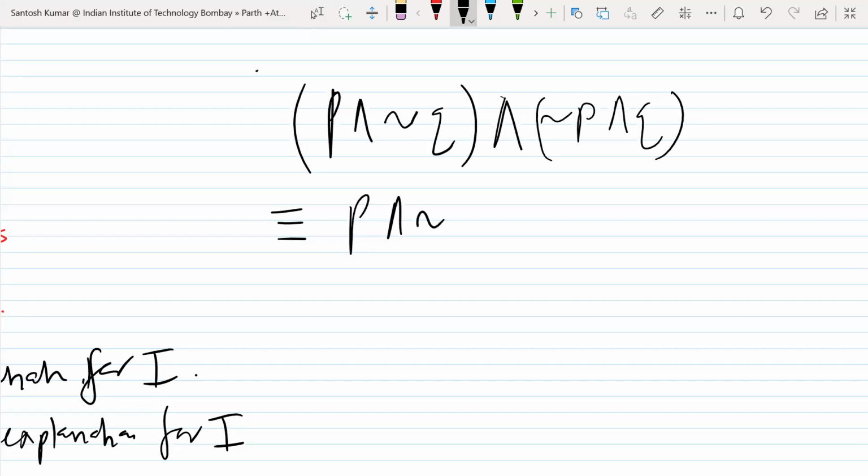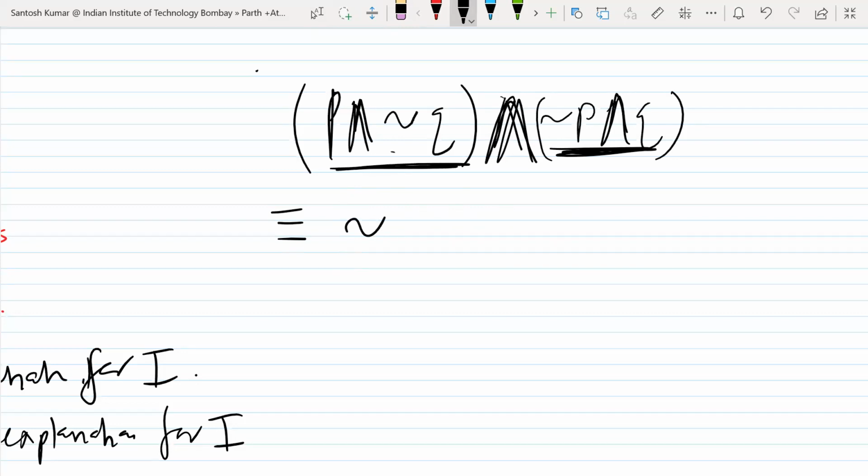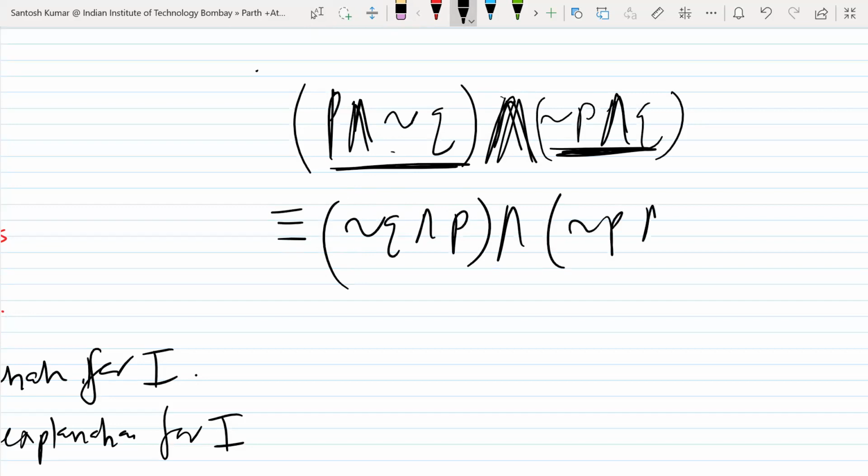P and not Q, you distribute it over this. They are all intersections only, so they are all the same sign, and and. So you can take them together, no problem. P and not Q can be written as not Q and P, and here is not P and Q.